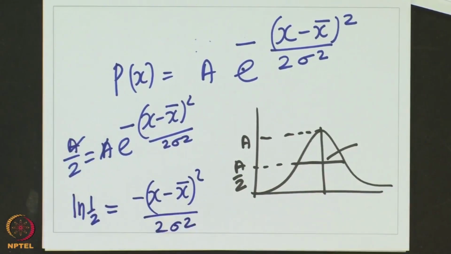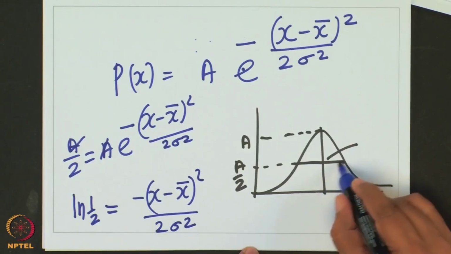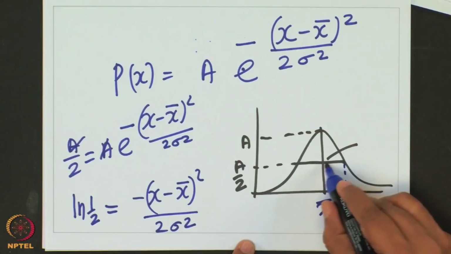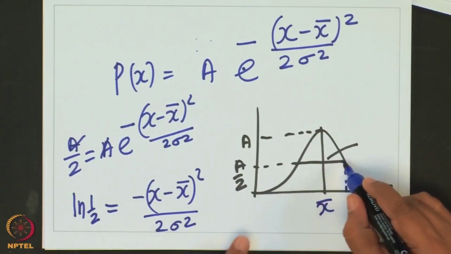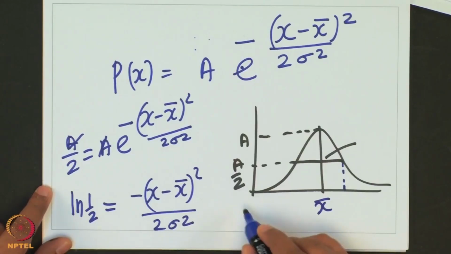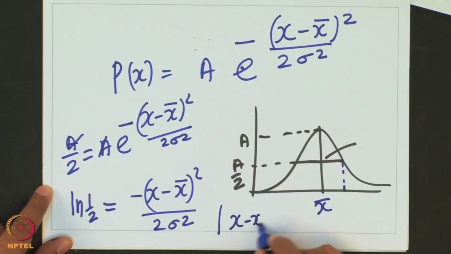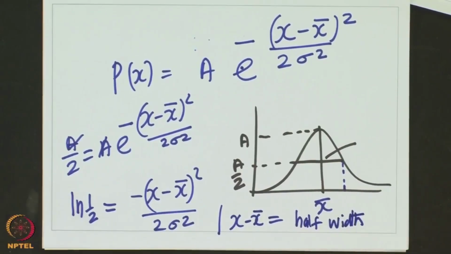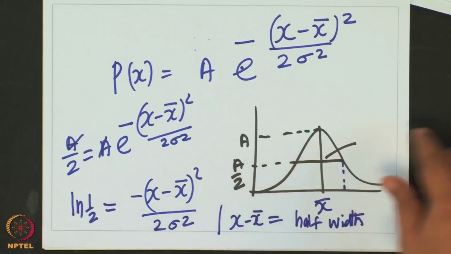Now what is x minus x bar? This is my x bar and this is my x. So x minus x bar is this. So half width is x minus x bar. So if I simplify this, what would I get?